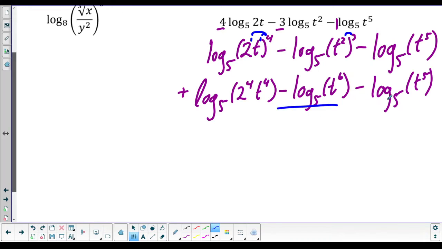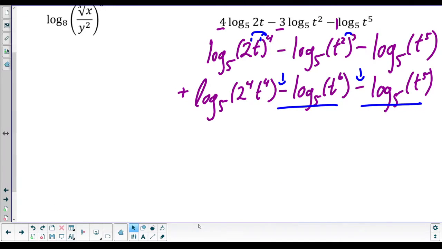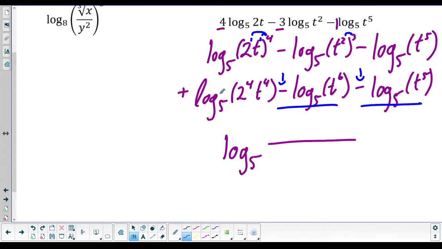Because these two logs are negative, their arguments are going to go in the denominator, and we're going to multiply those arguments together. So when we condense, all of our logs are going to stay the same logarithm. So we're going to put our log base 5. This one was positive, so its argument goes on the top.